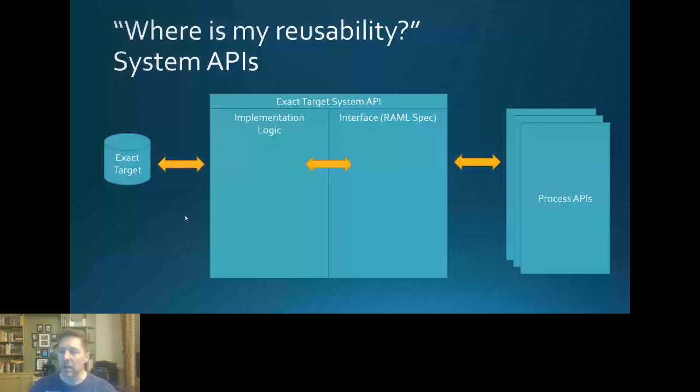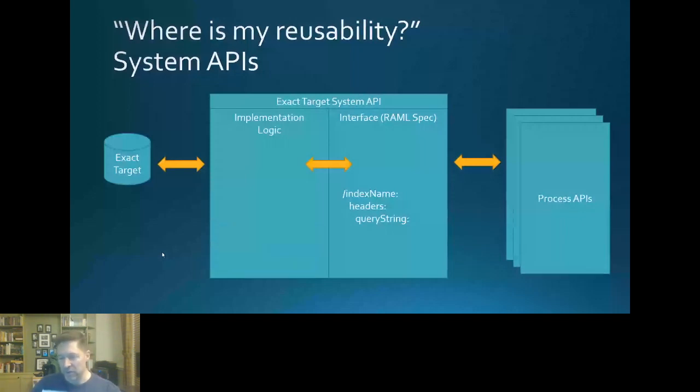And so, as you can well imagine, the developers of the system API for ExactTarget created a system API, but they served up some interesting data. What they did is they said, well, let's just go ahead and give the consumer of the system API the maximum flexibility when it comes to getting data out of ExactTarget. So we'll just give the consumer of the system API an index name and a query string.